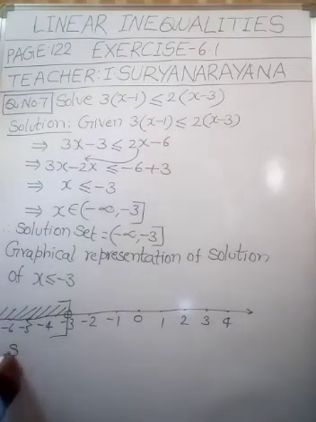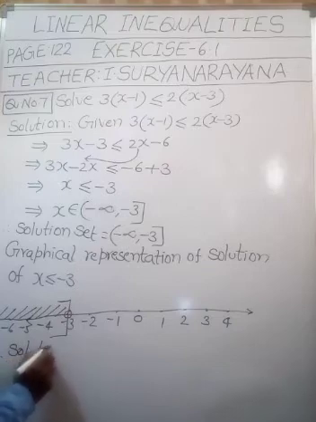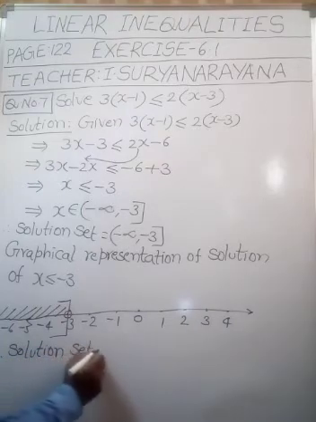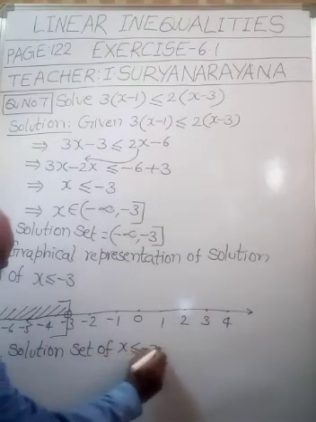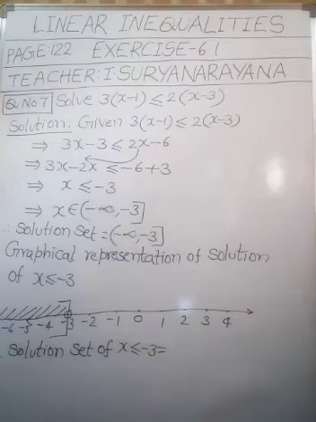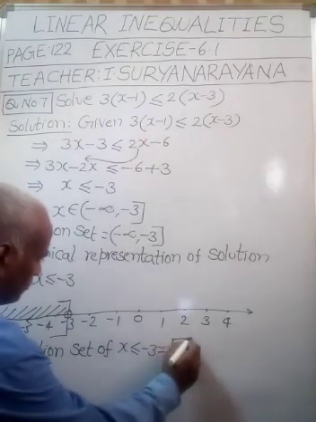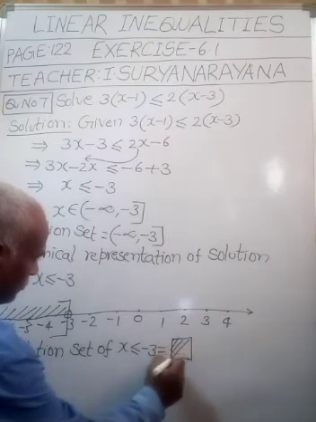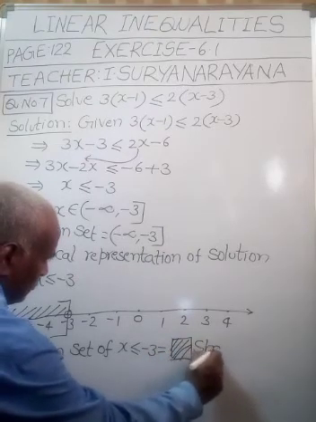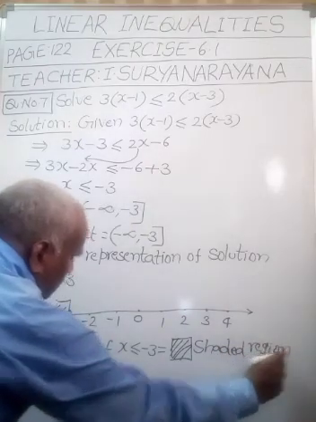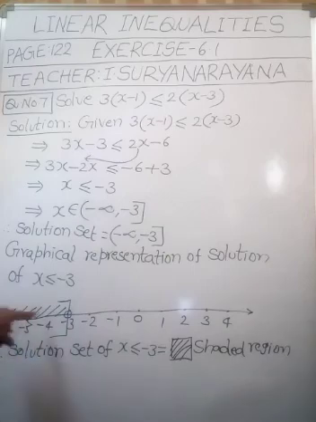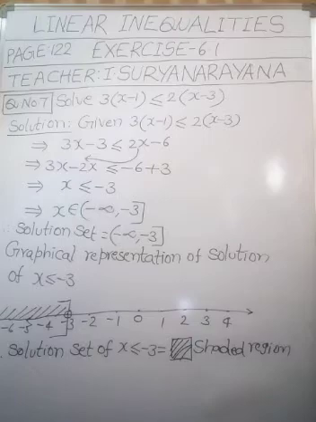Therefore, the solution set of x less than or equal to minus 3 is equal to this slant lines shaded region on the number line. Understood, my dear children? Right.